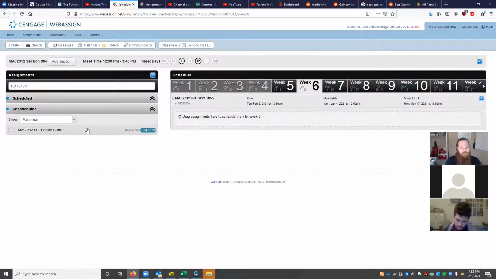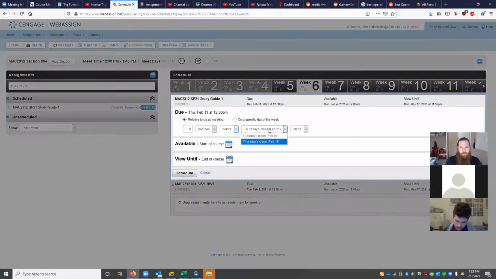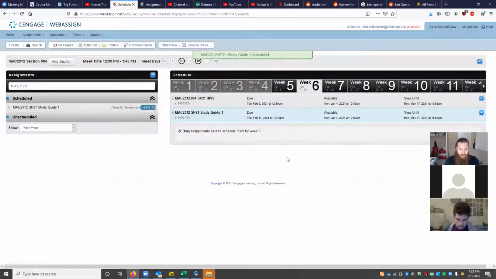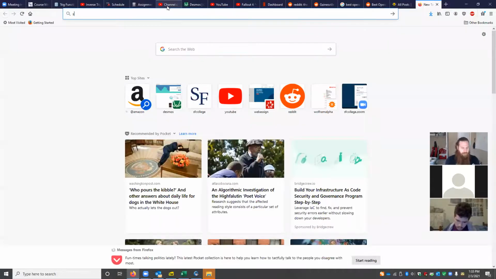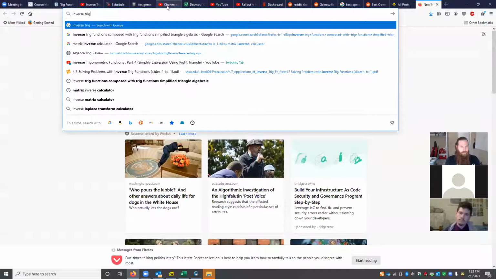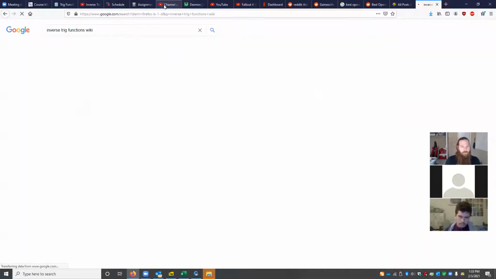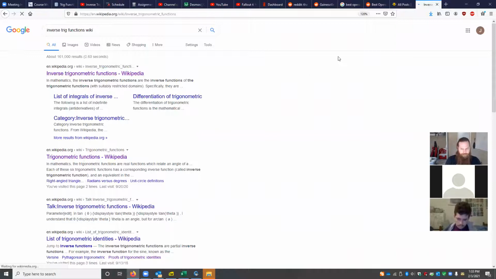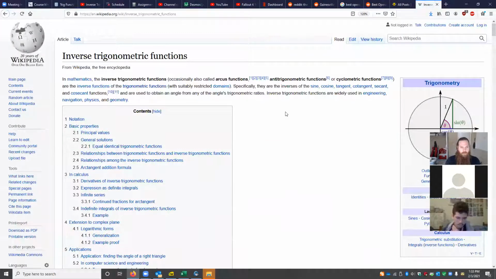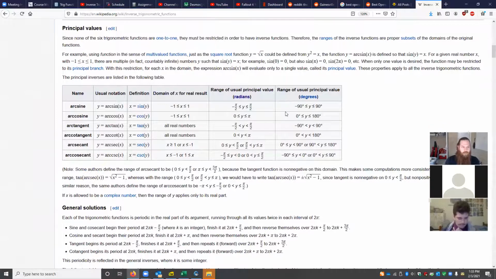So it's up to you, but the inverse secant function does work the same way that the other inverse trig functions work. There's one small catch, and that's that the domain restriction isn't as well sorted as the domain restrictions for the other ones. So inverse sine, inverse cosine, inverse tangent, everybody agrees that the restriction is negative pi over 2 to pi over 2 for sine, 0 to pi for cosine, negative pi over 2 to pi over 2 for tangent.